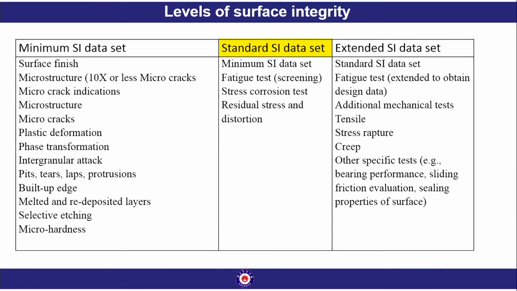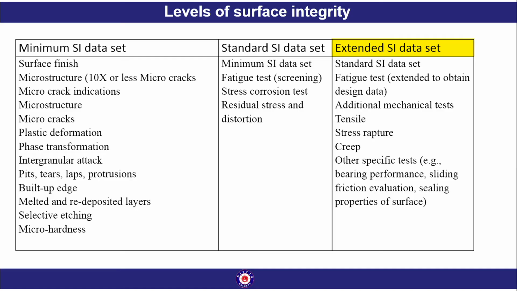But the standard data set is as follows. The standard data set consists of fatigue test, stress corrosion test, residual stress and distortion. In addition to these, some extended data sets are also there.